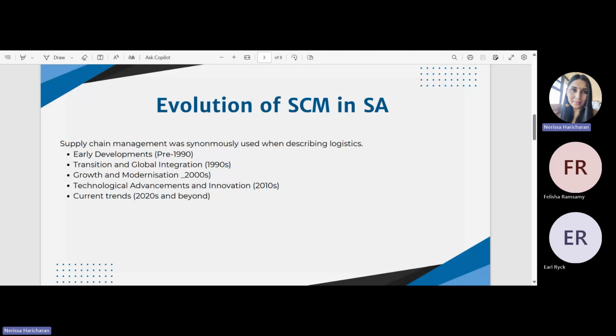When we're talking about current trends, we're talking about 2020 and post-COVID, and other disruptions, which would push supply chain into stronger risk management, where people are keeping risk at bay, as opposed to just going out there and doing a lot more importation.